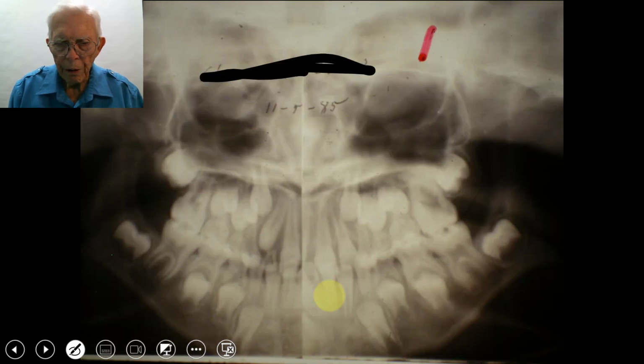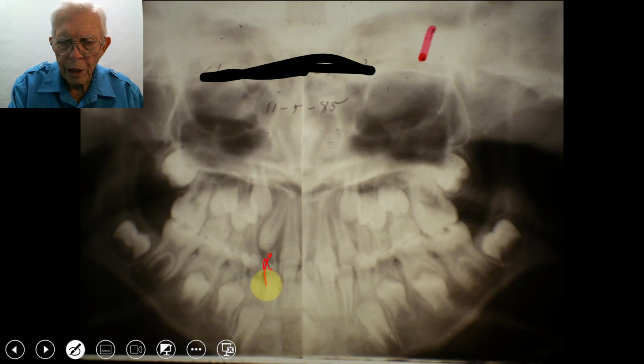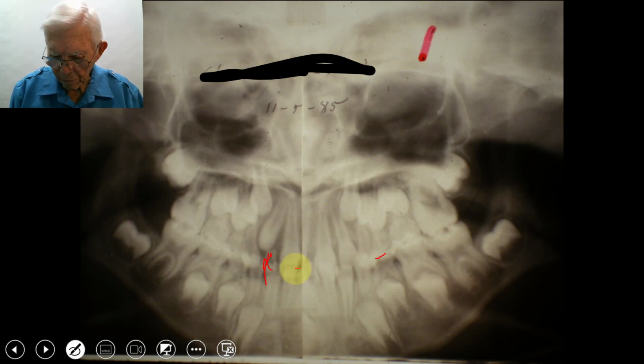Here we have a problem with an over-retained deciduous tooth running here, and so we get that out of the way. This is lined up pretty good over here, and this is a shot with the pentarex with the person biting together, and then we'll go ahead and finish out the case.